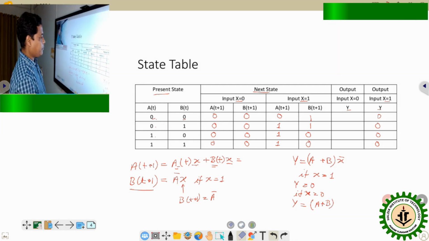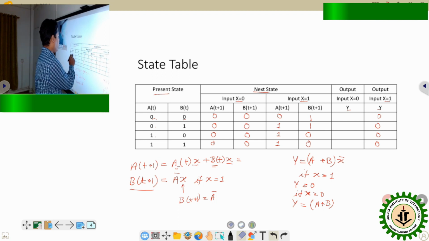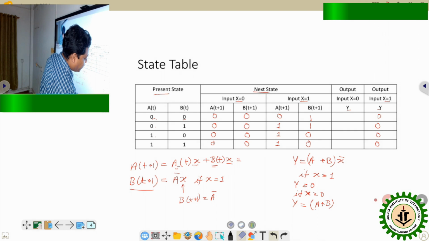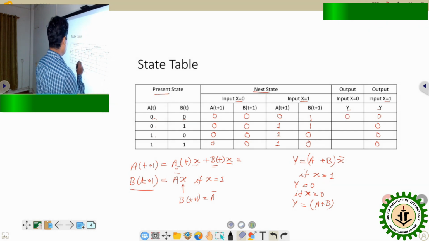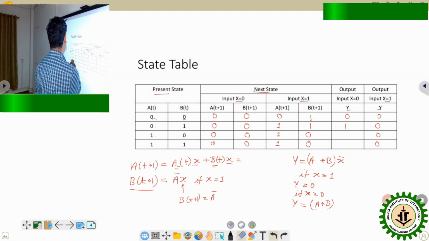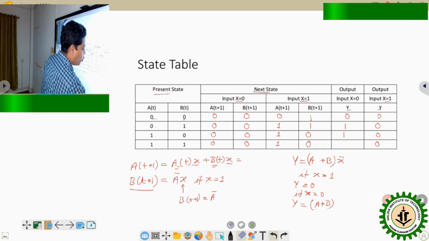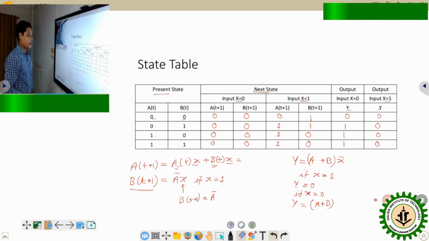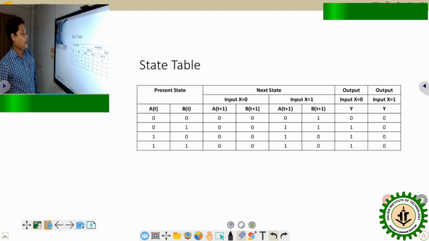So in that case, we can write for the first situation A0 B0, output 0; A0 B1, output 1; A1 B0, output 1; and A1 B1, output equal to 1. So this is the state table of that circuit.